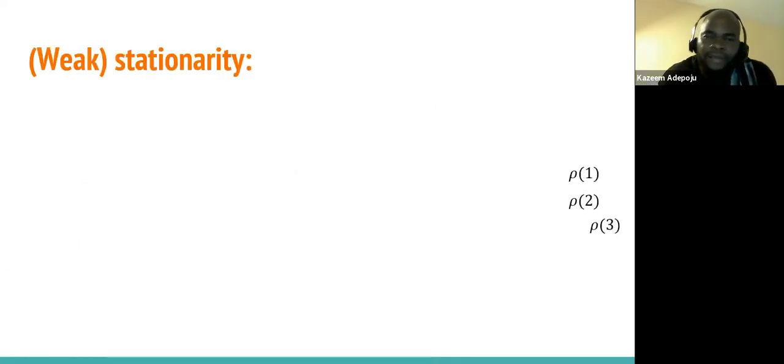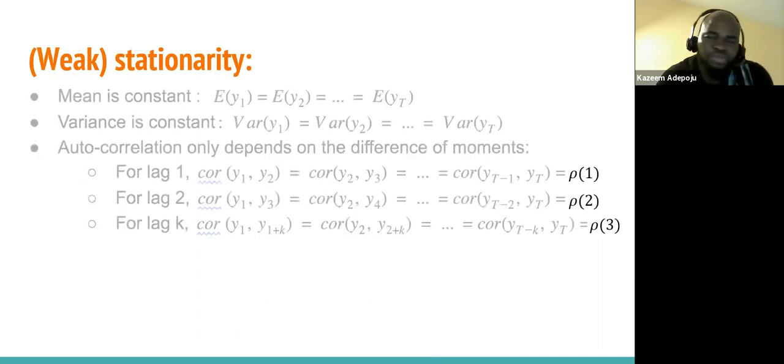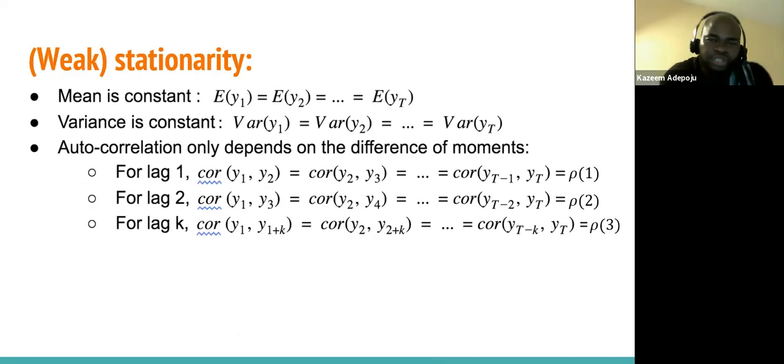Now, another important concept that we also want to talk about is stationarity. What do I mean by stationarity? Of course, when something is stationary, it means there is no change over time. It means we're going to be recording the same thing. The price on Monday is going to be the price on Tuesday, the price on Wednesday, and so on.